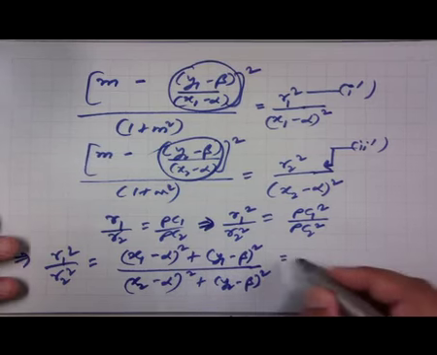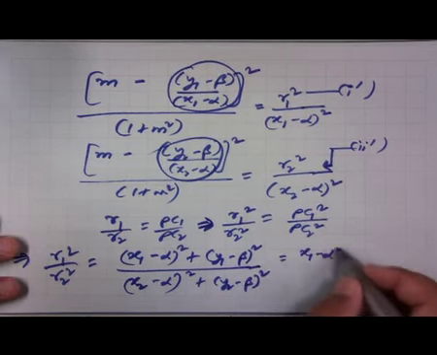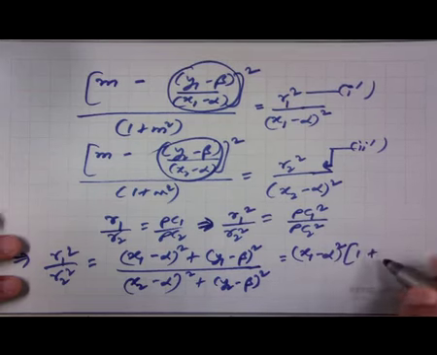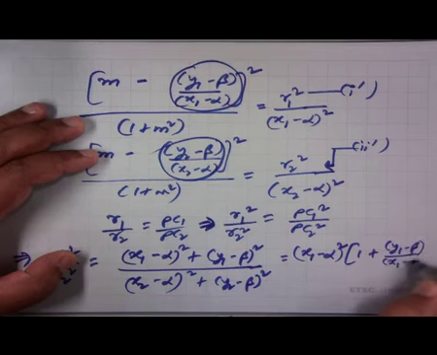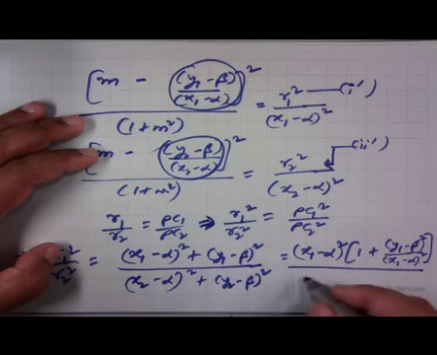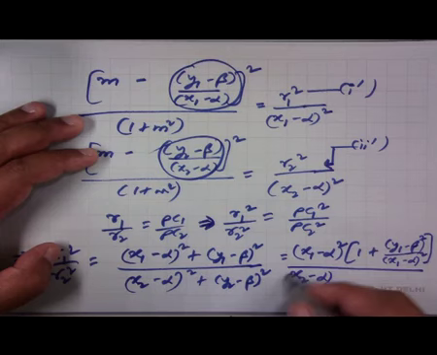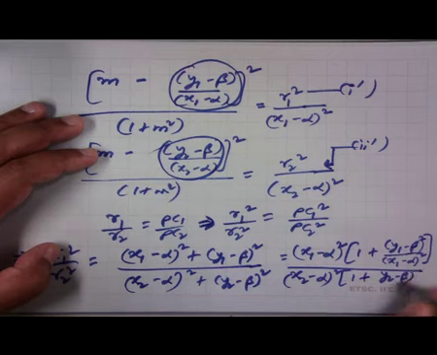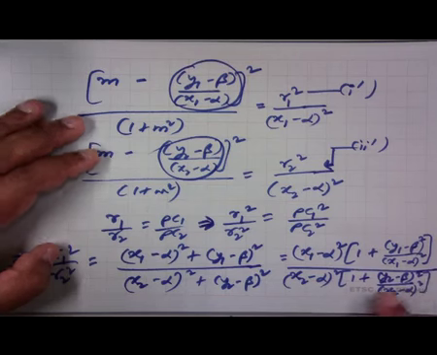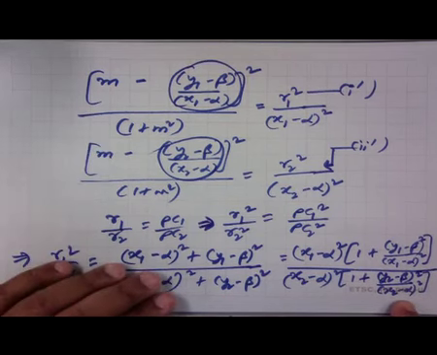This is equal to x1 minus alpha whole square into 1 plus (y1 minus beta by x1 minus alpha) whole square, upon x2 minus alpha whole square into 1 plus (y2 minus beta upon x2 minus alpha) whole square.